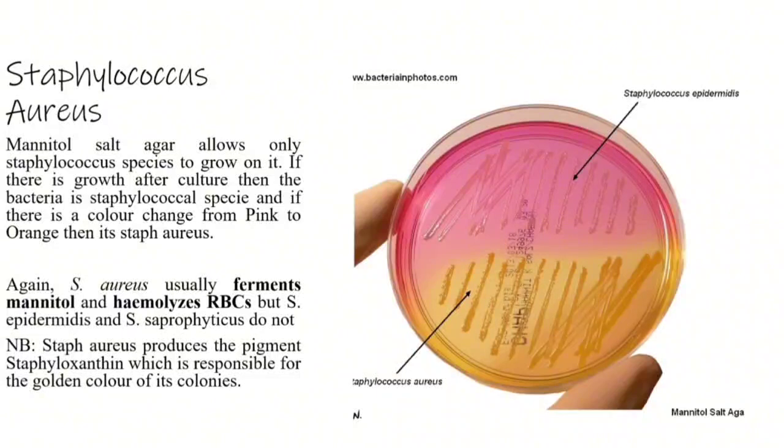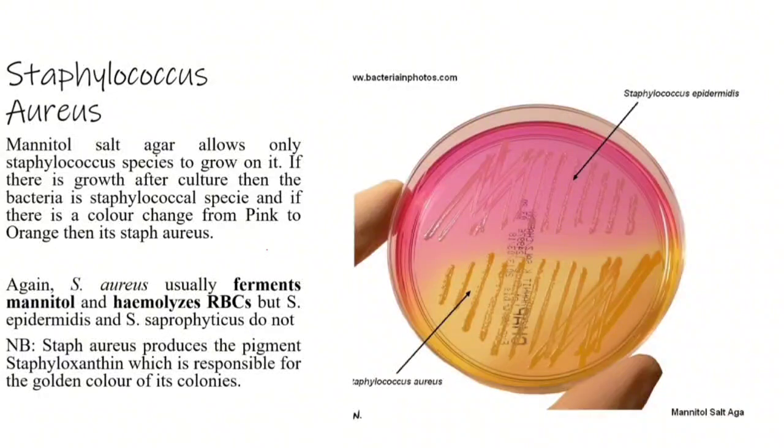Now, mannitol salt agar is used to grow Staphylococcus species. Note that mannitol salt agar allows only Staphylococcus species to grow on it, and so if you inoculate it and there is growth, then it means that there is a Staphylococcus species present.